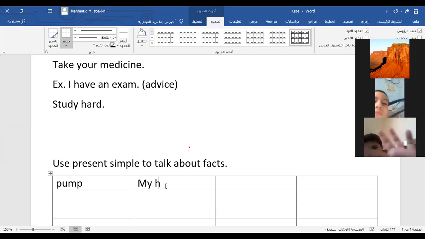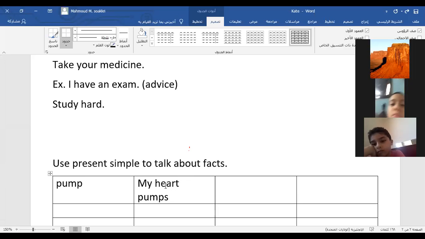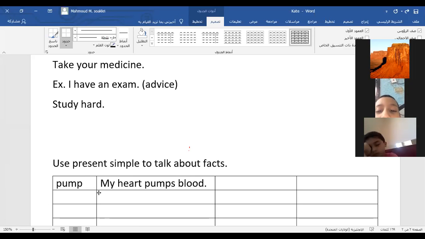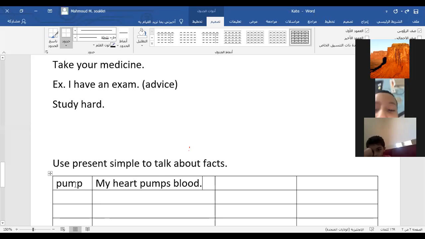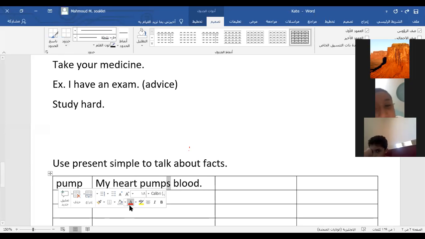My heart pumps blood. Look carefully here, students. The verb pump ends with P, but here we add S. Why did we add S here?